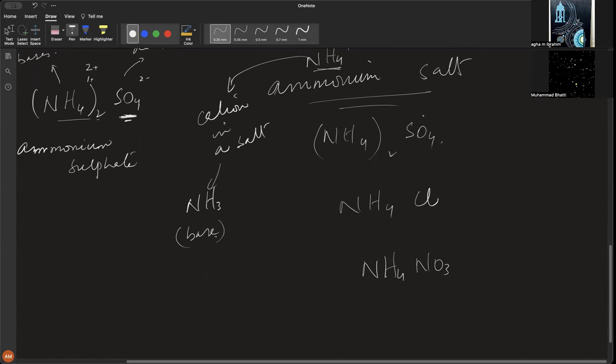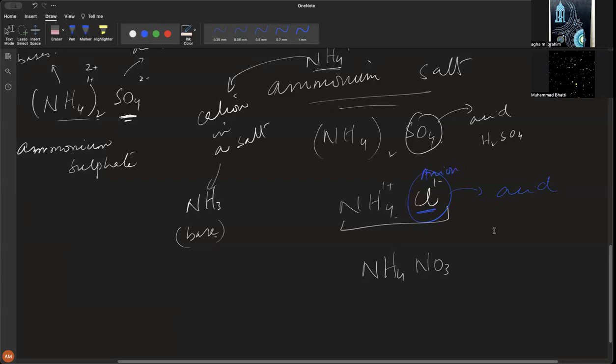If you look at each of those, this is the anion, which is coming from an acid, which is H2SO4. This is the chloride ion. The whole of it is a salt. So every salt must have one anion and one cation. Anions are always coming from acids.